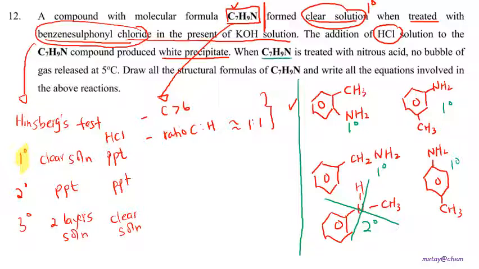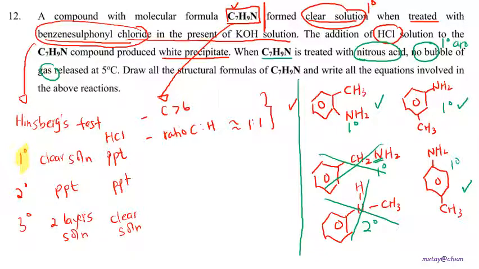When C7H9N is treated with nitrous acid, no bubbles of gas are released. So here we know this is a primary aromatic amine. From here we have 4 structures. This one, a primary amine, is not the answer because the nitrogen is not attached directly to the benzene ring. So we have 3 possibilities, 1, 2, and 3.